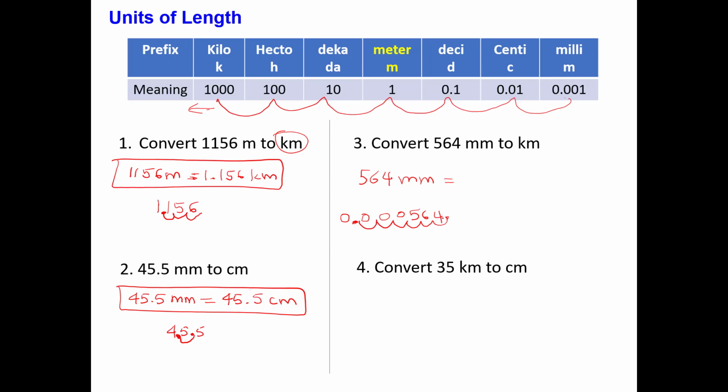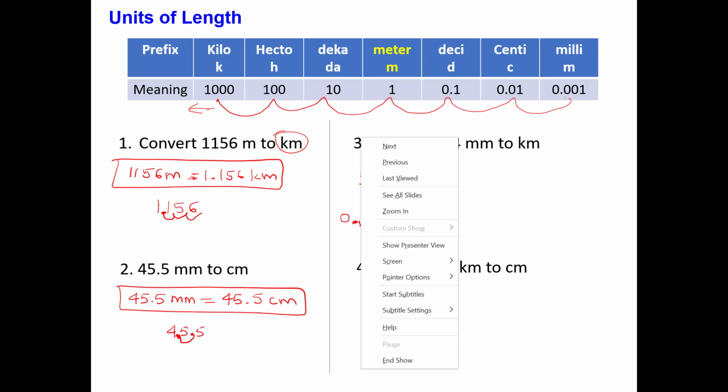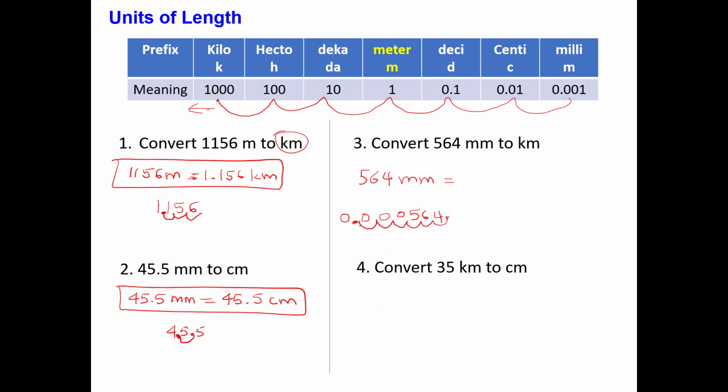We need to move 6 decimal places to the left. 1, 2, 3, 4, 5, 6. And the answer is 0.000564 kilometers.